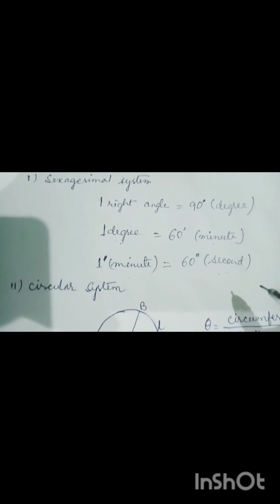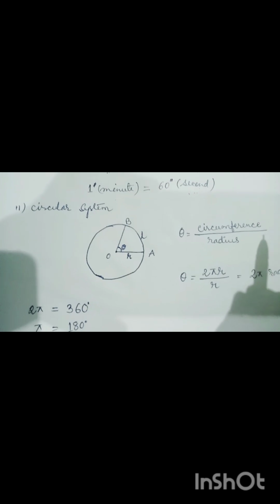Another system of measuring an angle is the circular system. Here the angle is drawn at the center. So in a circle, when we draw a circle, we have a center.